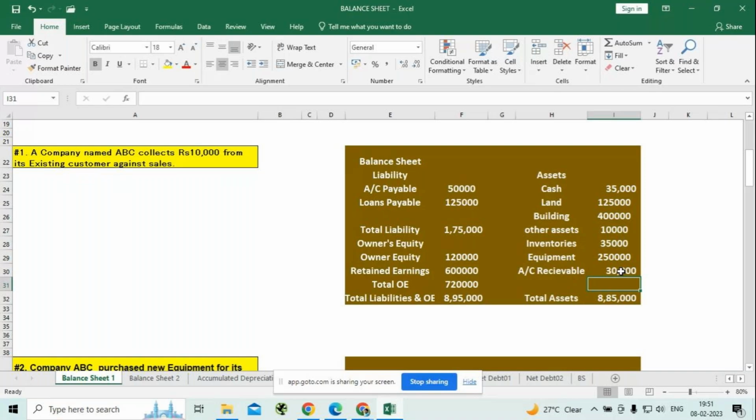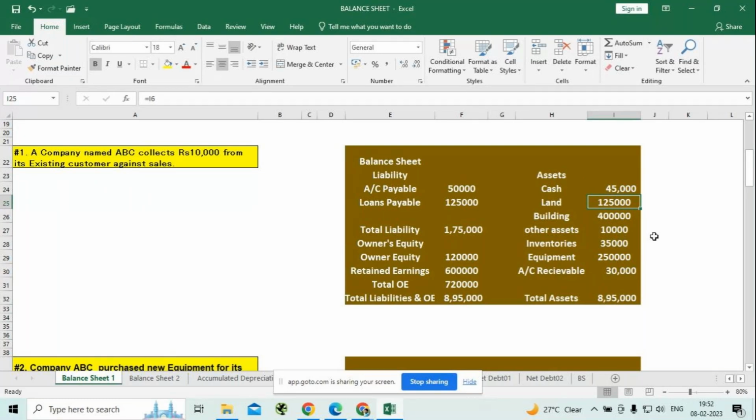So is cash going to increase or decrease? Increase. So I'll press F2 and edit with the value plus 10,000. You can observe here the total was 8,95,000. Since we reduced it, it became 8,85,000. Again we are increasing the cash, which is an asset, so it is going to get balanced.